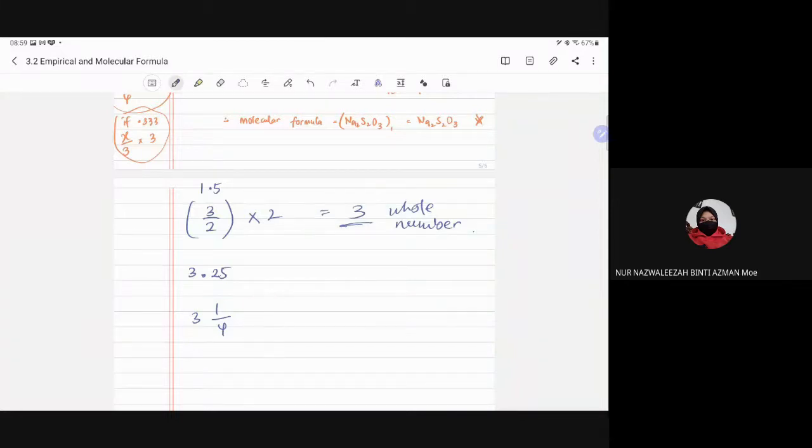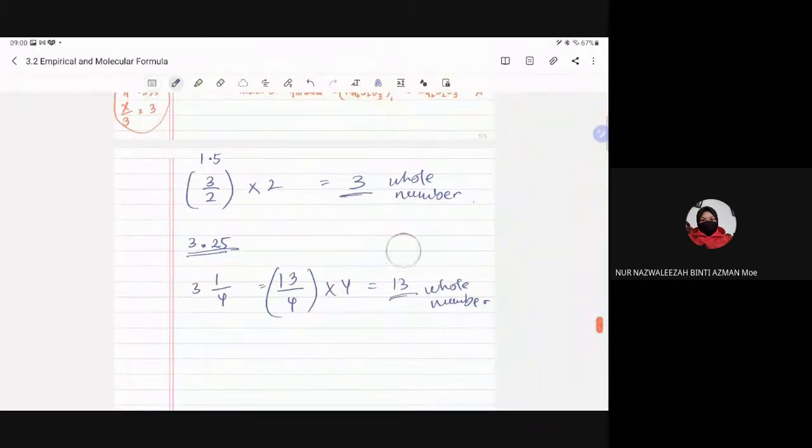Okay, so ini sama dengan 13 per 4. Ini adalah dalam bentuk pecahan. Kalau 3.25 ni, dalam bentuk pecahan adalah 13 per 4. So, kalau 13 per 4, kita nak tukar kepada whole number, this whole thing multiply by 4. Dapat 13. Whole number.